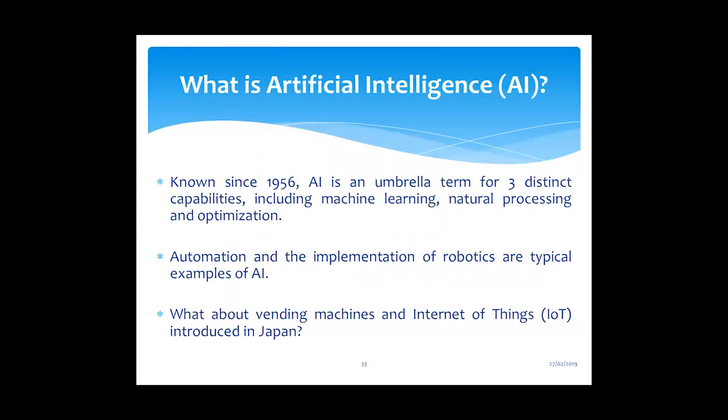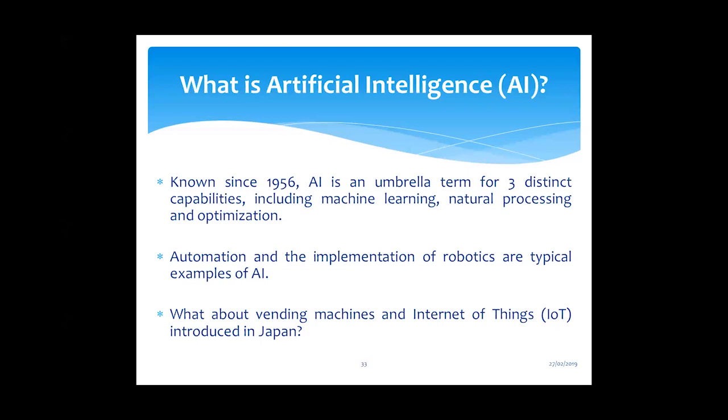Okay, artificial intelligence has been known since 1956. In short, it's known as AI. It's an umbrella term for three distinctive capabilities, including machine learning, natural language processing, and optimization.